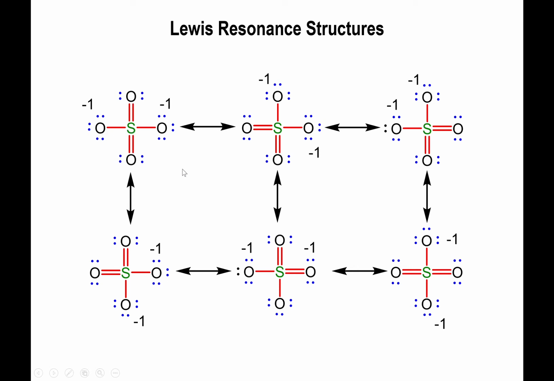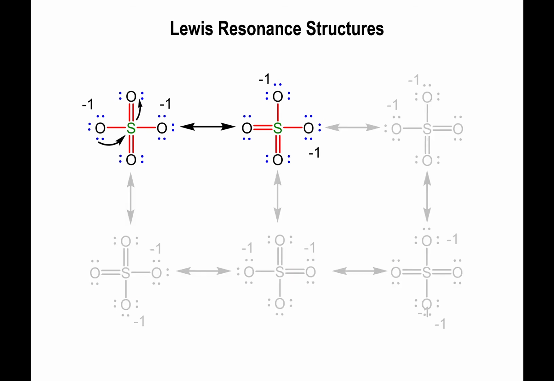So you can alternate where the double bonds and single bonds are present in the molecule, and each one of these structures right here represents a different resonance structure of the sulfate anion.